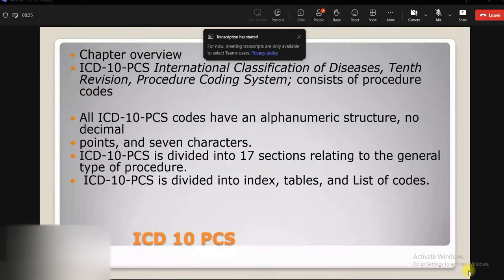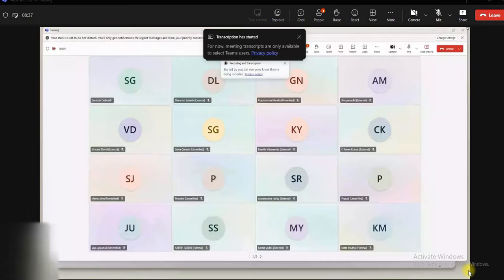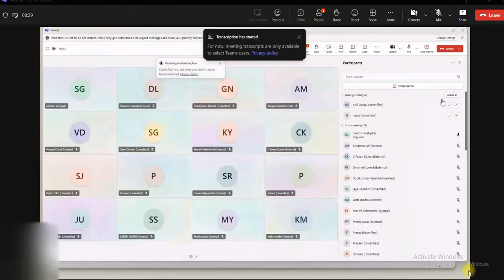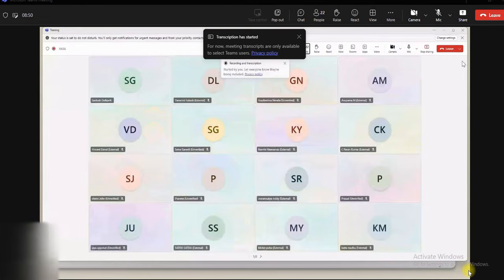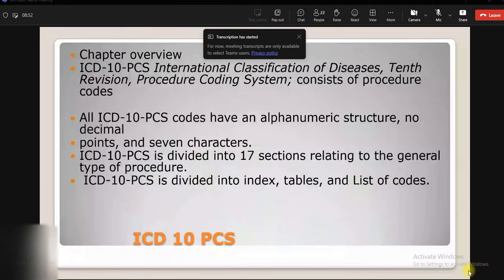Even coming to diagnosis, all ICD-10 diagnosis codes are alphanumeric codes.